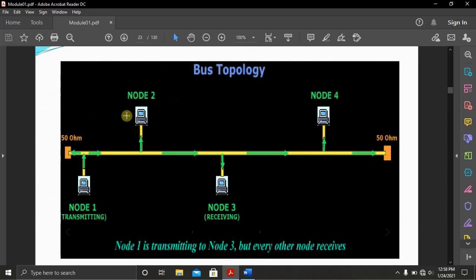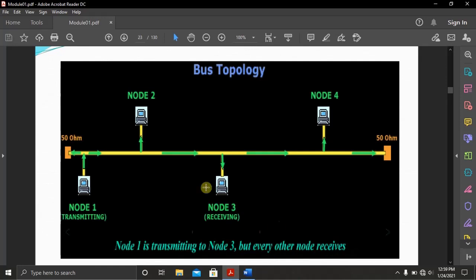So let's say computer 2 transmits data to computer 3. If they are using bus topology, then computer A and computer D will be able to see this data. Node 2 is transmitting data to 3, but every other node receives the information. So that's how bus topology works.